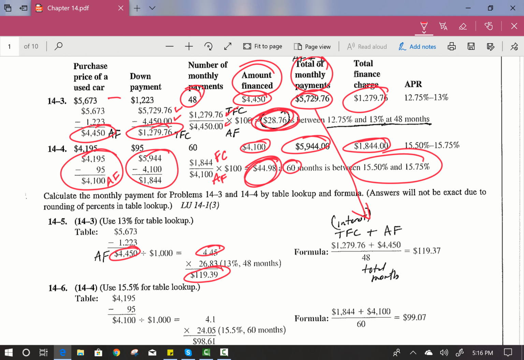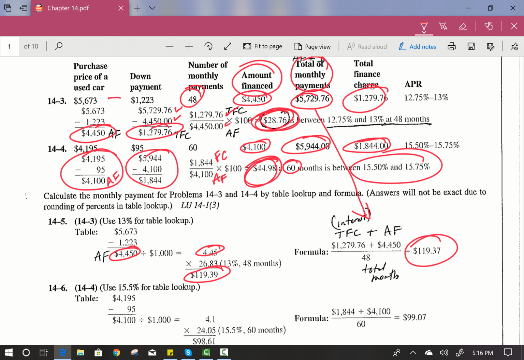That's really nothing more than the total of all your monthly payments. Again, it's the total finance charge plus your amount financed divided by the total number of payments of 48 to give you your monthly payment of $119.37.